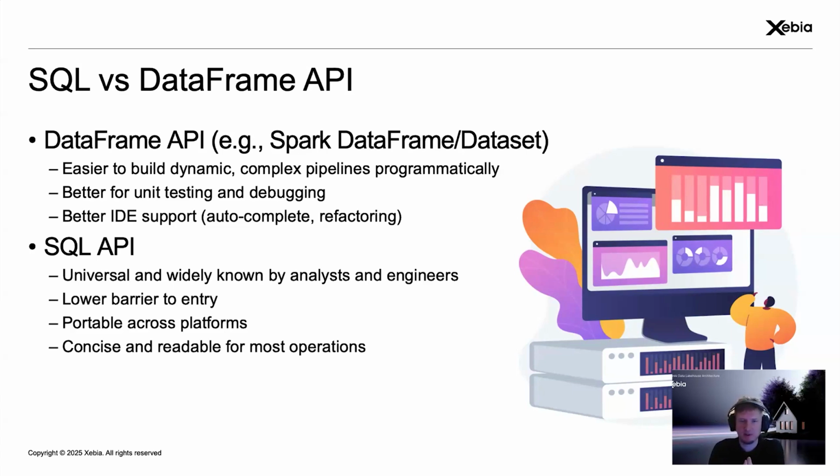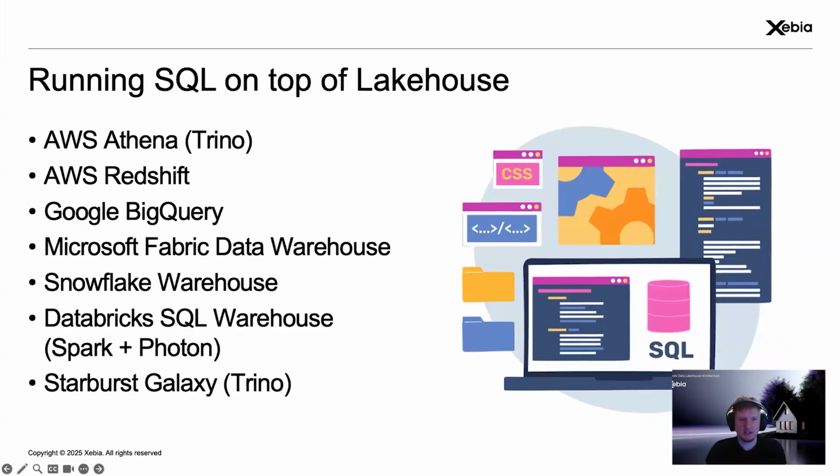Today, however, we often use a SQL API to process our data, especially with the help of tools such as dbt. On this slide, you can see really popular examples of compute engines allowing us to use SQL on top of those engines.